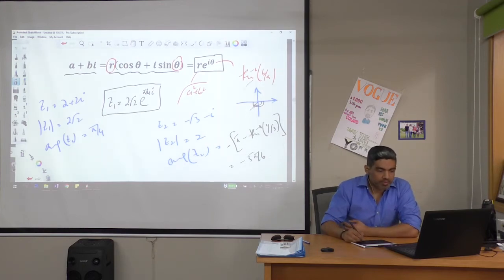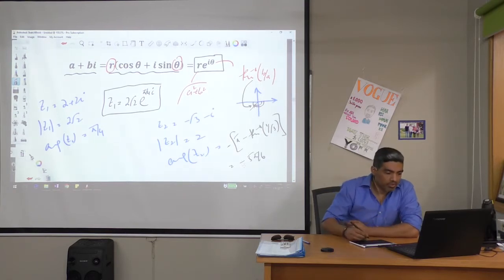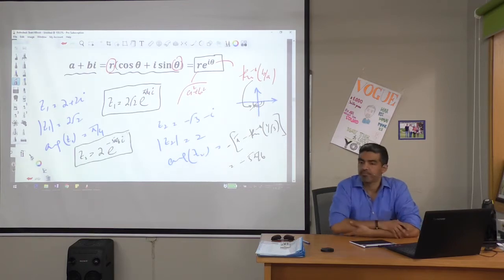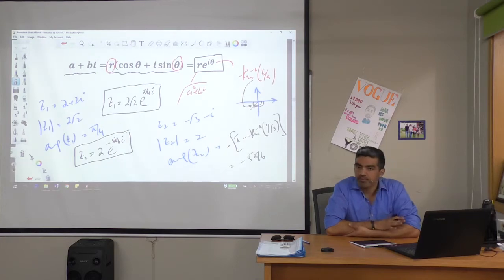So tan inverse b upon a actually gives you this one, and then pi minus, and because it's a clockwise angle, it's negative, so put a minus sign because it's minus 5 pi by 6. So your z2 is 2 e to the power minus 5 pi by 6 i. That's your z2. Is everyone okay here? It's the same argument, we're just putting it in a different form.